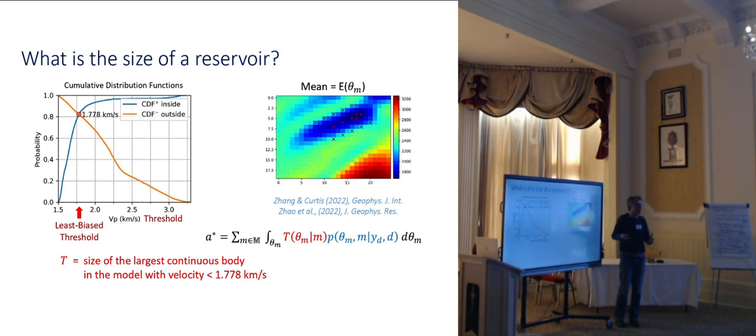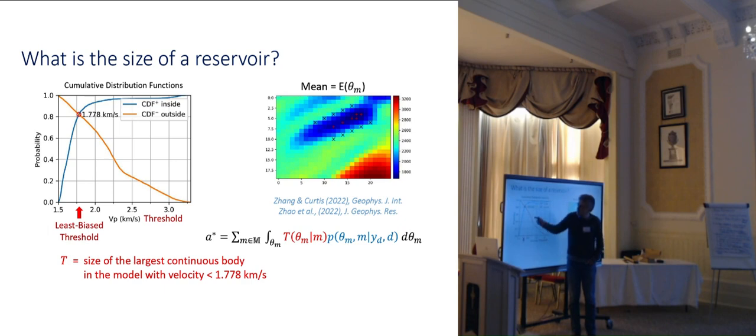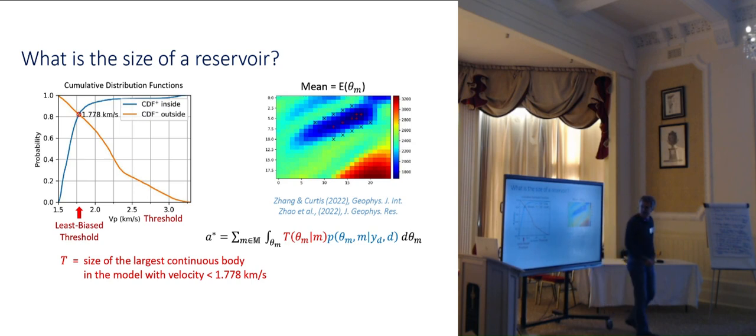So the reservoir will be too large. Now, just looking at these two graphs, there's only one point here which is unbiased. There's only one threshold you can choose which will give an equal probability of assigning the inside cells as inside and the outside cells as outside. And it's this one here, so 1.7 or 1.8.